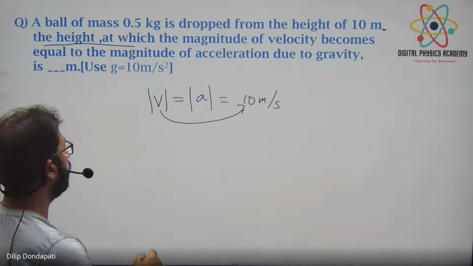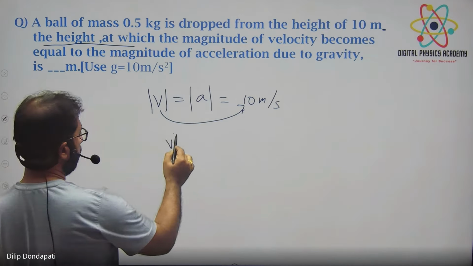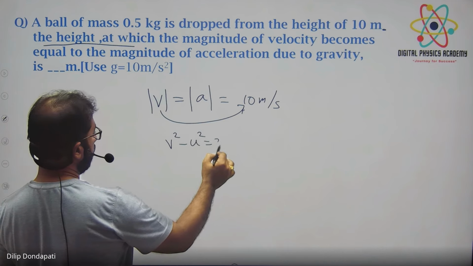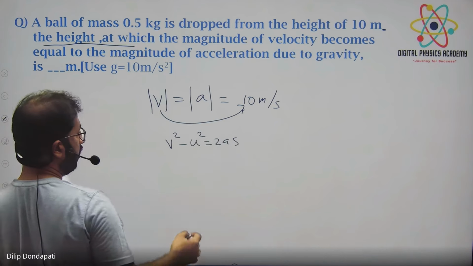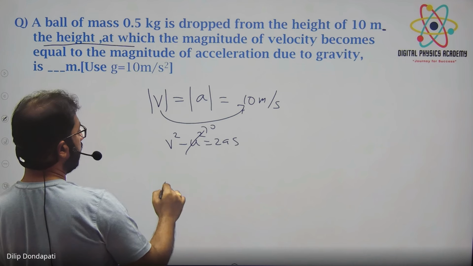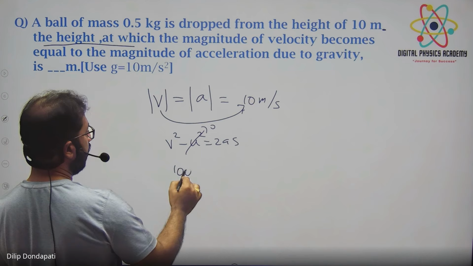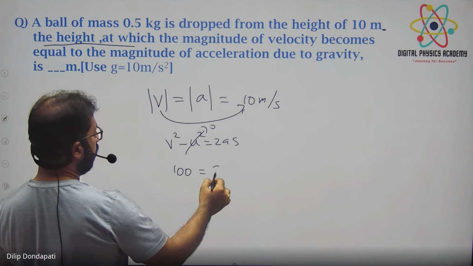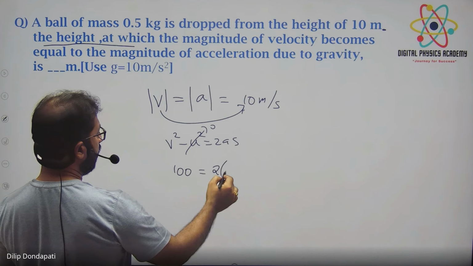You know v, you know u, so you only need s. So 5 is the answer. So 100 is equal to 2 into 10 into s.